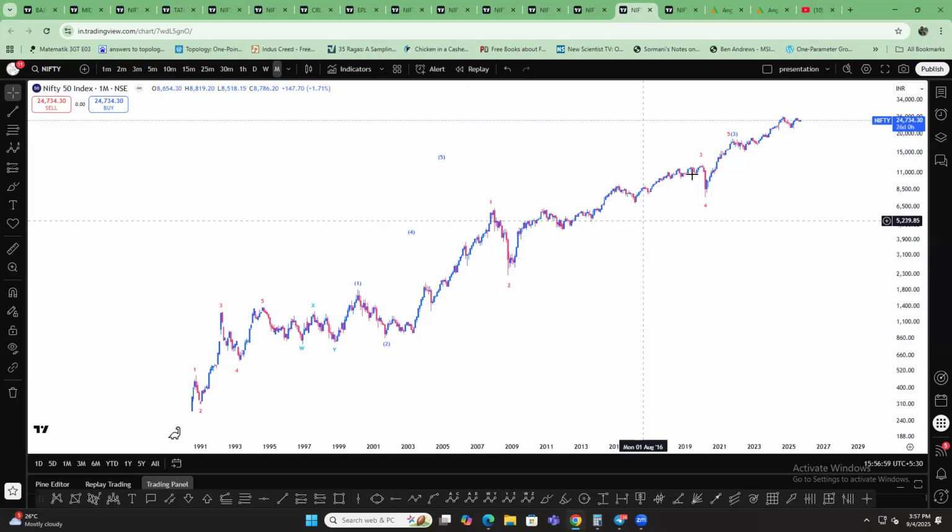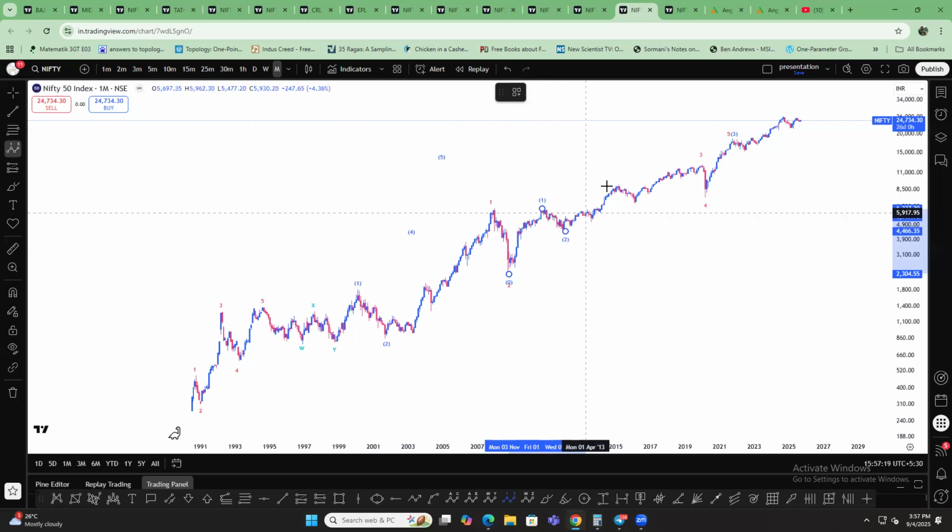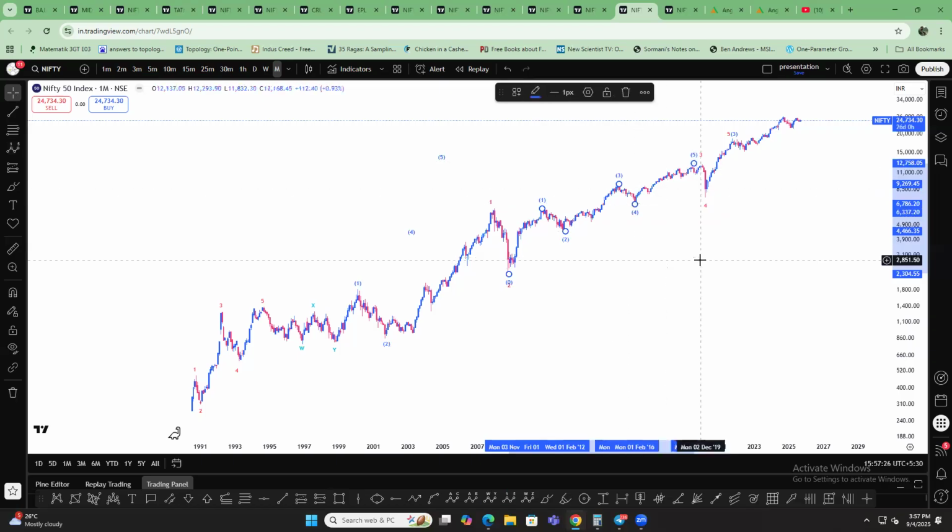And in these wave 3, so let's change these also. Okay, in these wave 3, this is 1, 2, 3, 4, and 5.